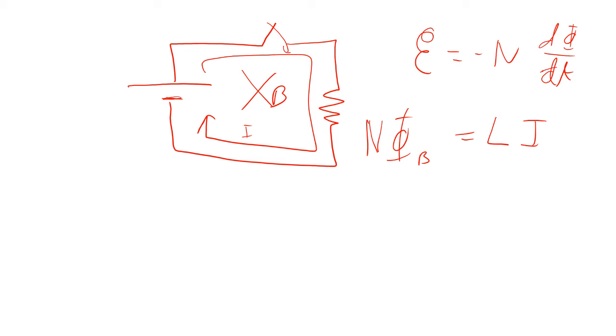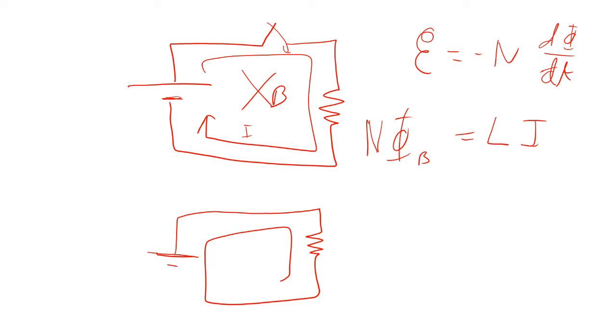Because I can imagine a circuit in which, instead of just drawing it like that, here it comes down like that, and then we make several loops before we come back and connect. And that's going to have more flux in it because you have more loops collecting the flux, with the magnetic field going through more loops.